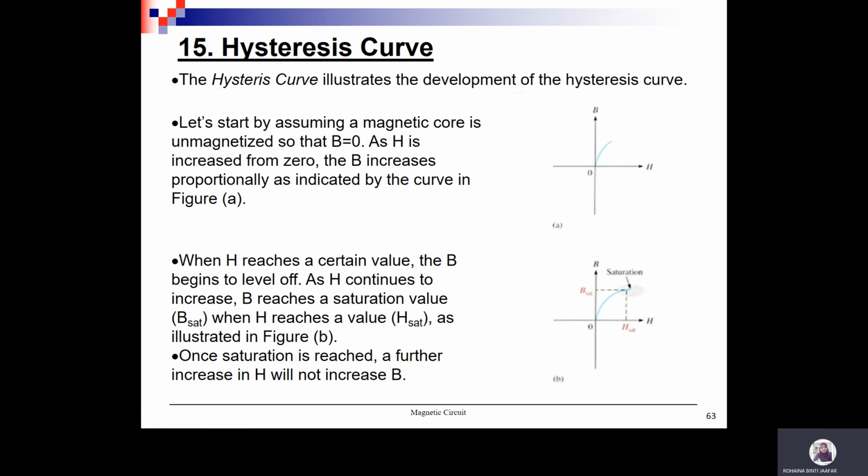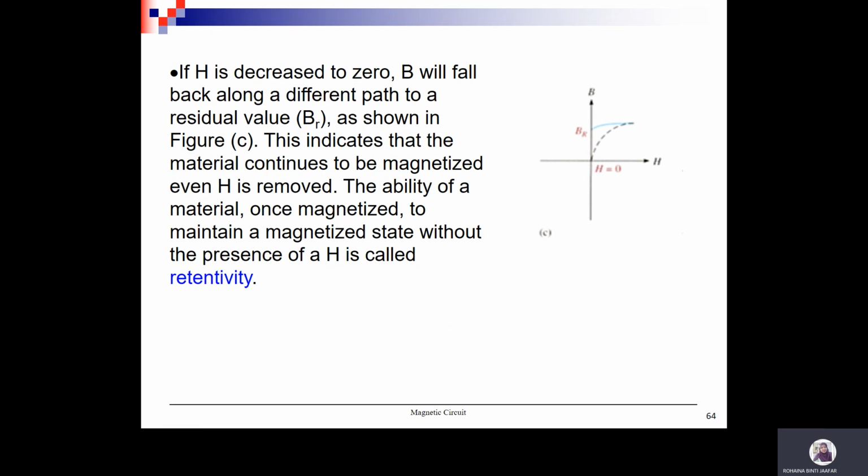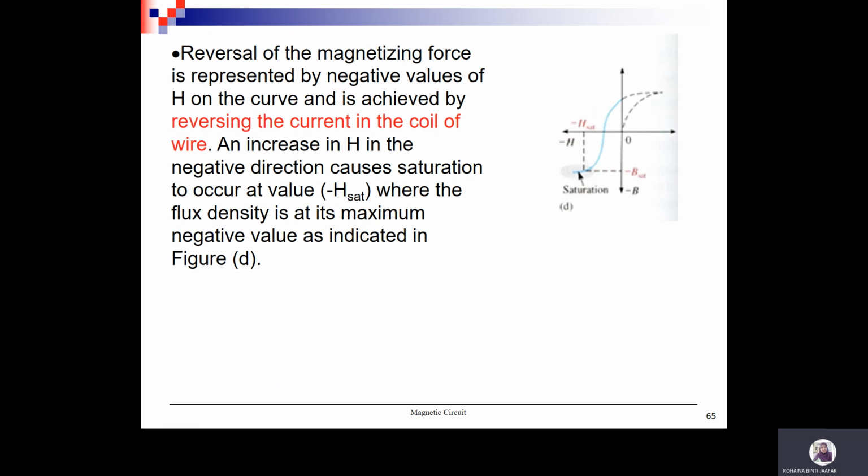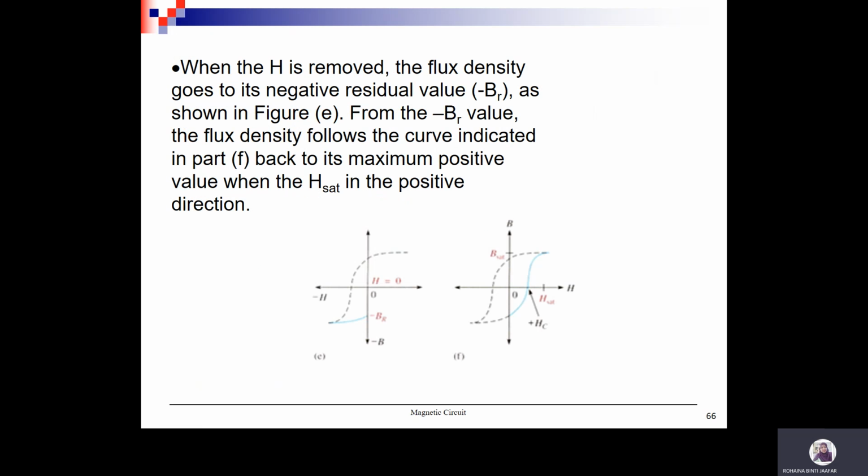For the explanation of the hysteresis phenomenon, I will upload a video showing step by step how the hysteresis curve is plotted. So please watch the video of the hysteresis phenomenon in ULEN.